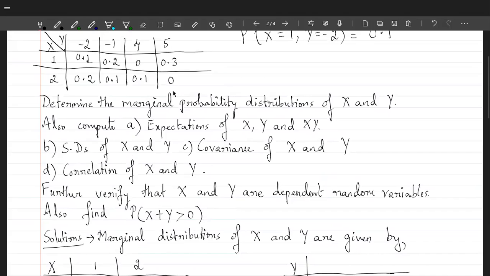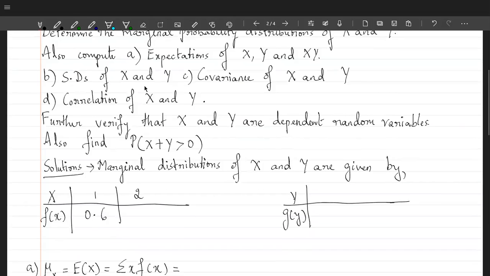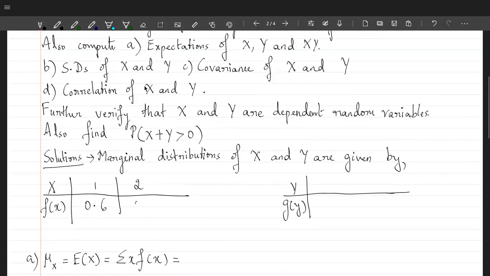So there are 4 cases possible for x to take the value 2. How do you get the corresponding probability here? 0.2 plus 0.1 plus 0.1, so that is 0.3 plus 0.1, 0.4. Now you can see that if you add the probability values, 0.6 plus 0.4, total probability is 1. So this is the marginal distribution of x.